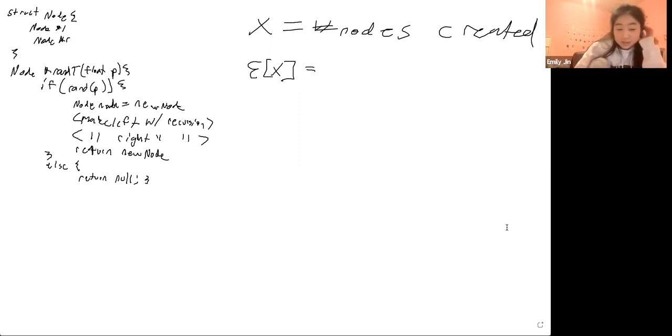It's equal to the expected value of the number of nodes in the left and right subtrees. Okay, you're on the right track. One of the ways we can think about this problem is formulating it in terms of whether we take the if or the else first. What I mean by that is this expression can really be thought of as the scenario where we take the if times the probability of that if, and the scenario where we don't take the if times the probability of that scenario.